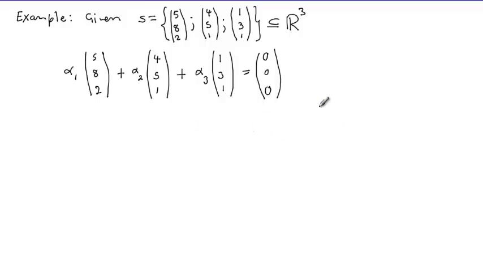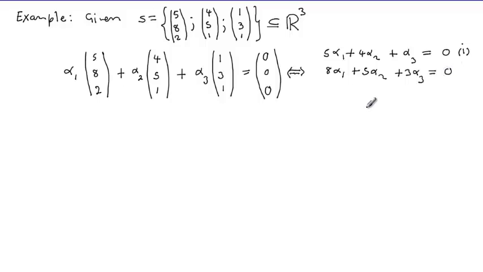So let's now get our equivalent system of equations, which will be 5 alpha 1 plus 4 alpha 2 plus alpha 3 equals 0. That's our first equation. And we've got here 8 alpha 1 plus 5 alpha 2 plus 3 alpha 3 equals 0.